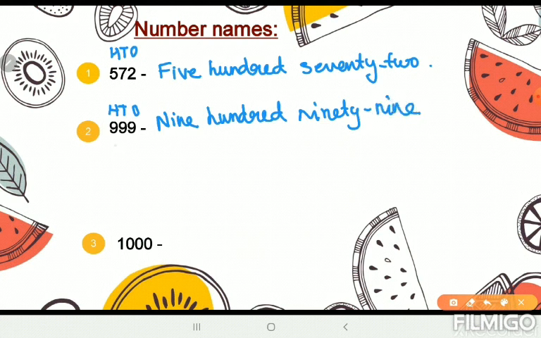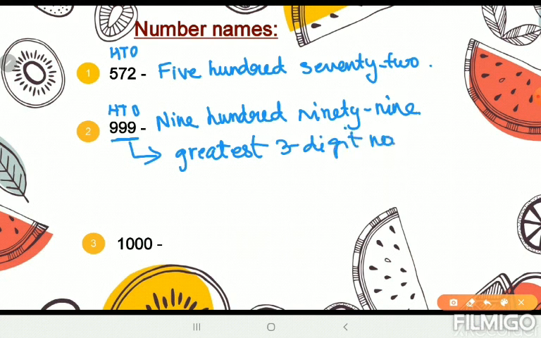Okay, you know children, this 999, what is this? This is the greatest 3-digit number. And to this 999, if I add 1, you know what you get?